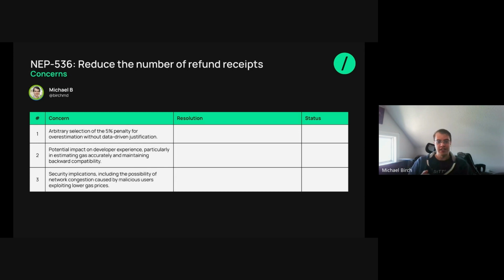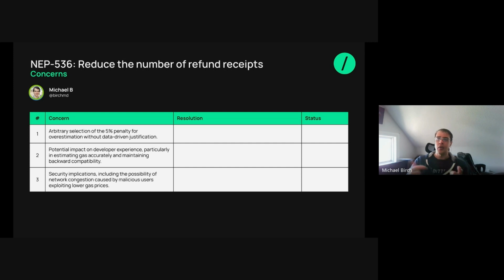It would be nice for it to be somehow data driven, where we have some metric and we agree that 5% optimizes this in some method or another. But obviously, it's better to make a decision that improves the protocol, even if it's a suboptimal improvement. It's still an improvement, so we don't need to bandy around too much with the data driven nature of things. Just as a side note, it'd be nice to see in the future.